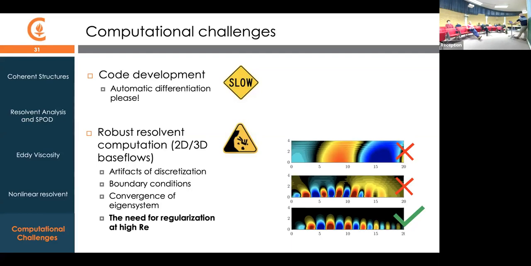One thing that I've highlighted at the bottom here is that if you want to do this resolvent calculation, at least for this kind of two-dimensional base flow that we have here, and you want to go to high Reynolds number, it becomes computationally intractable, because the resolvent structures are as fine at high Reynolds number as the turbulent flow would be on a grid.